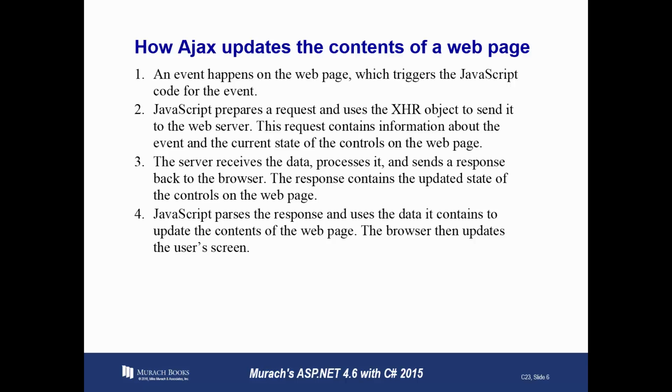The server then receives the data, processes the data, and sends a response back to the browser. The key takeaway there, as is noted at the end of step 3, is the response contains the updated state of the controls on the web page. Finally, JavaScript parses the response and uses the data it contains to update the contents of the web page. The browser then updates the user screen. But again, the idea is it only updates the part of the screen that indeed needs to be updated.